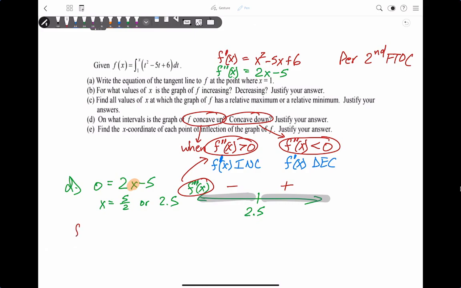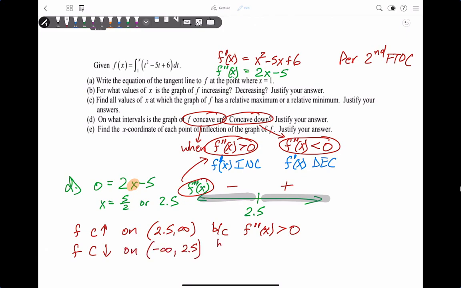So we can say f is concave up on 2.5 to infinity because f double prime is positive. So f double prime of x is positive. We can also say that f is concave down on negative infinity all the way to 2.5 because f double prime is negative.